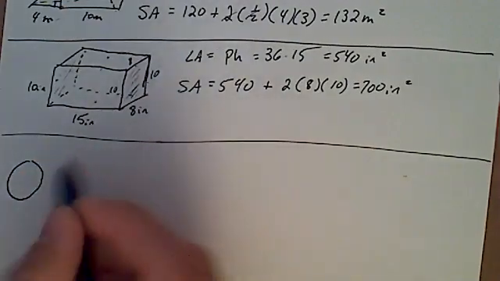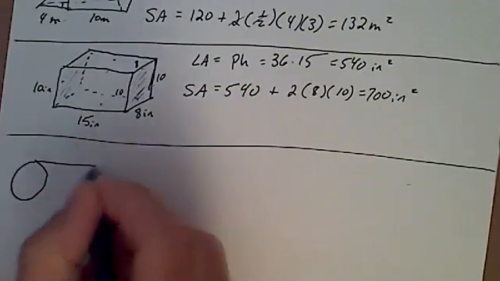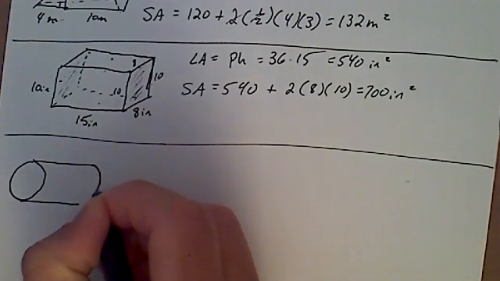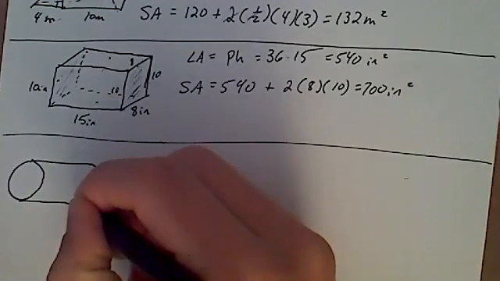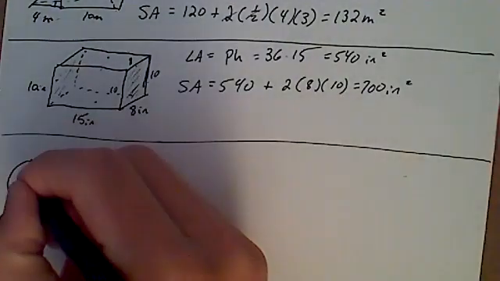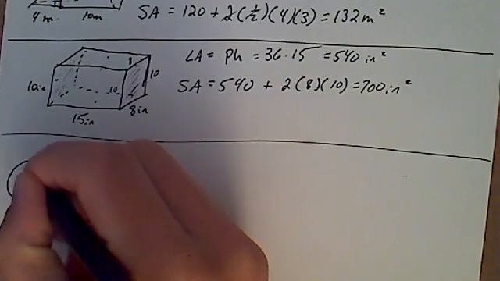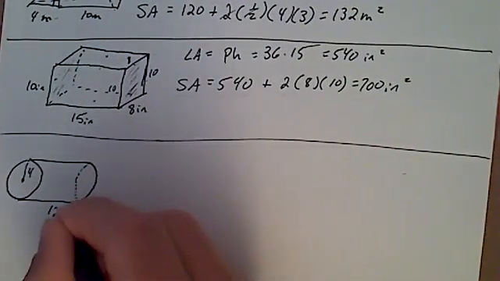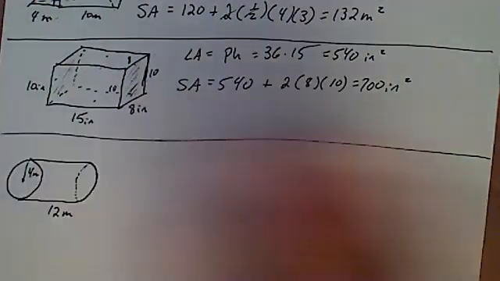All right, we're going to look at 2 cylinders. This is going to have a radius of 4 and a height of 12. We'll call them meters.